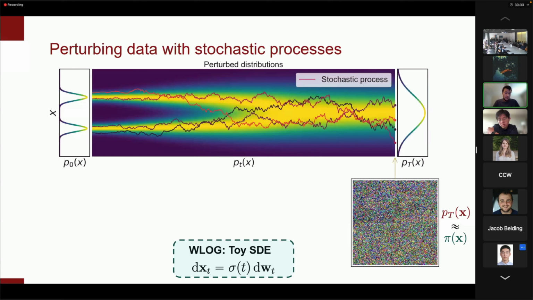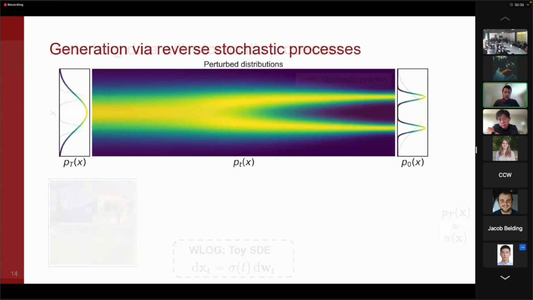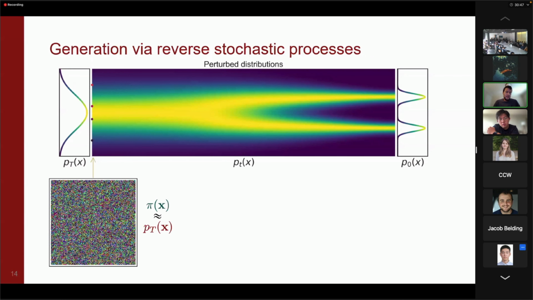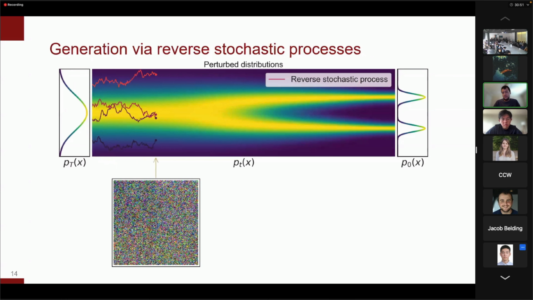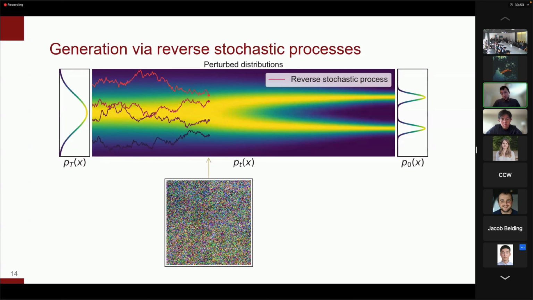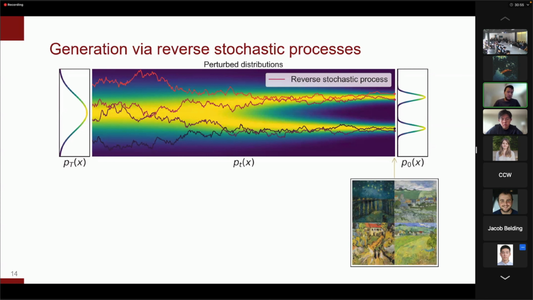And it turns out that if you have access to the score, then we can reverse this process. If you think about flipping the direction of time and going from time capital T to 0, going from noise to data, then this process, which is just solving the stochastic differential equation in reverse time, would correspond to a sampling procedure that takes noise and transforms it into samples.